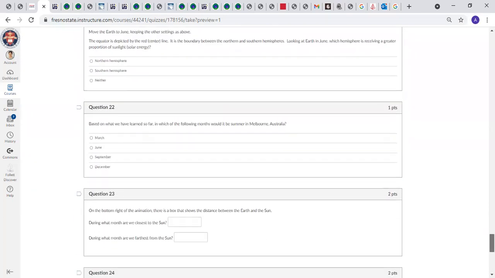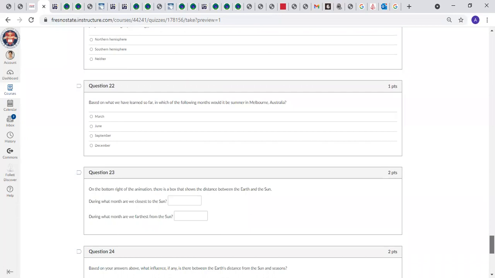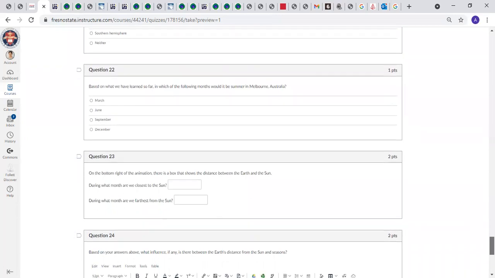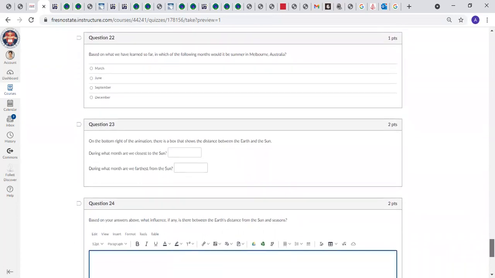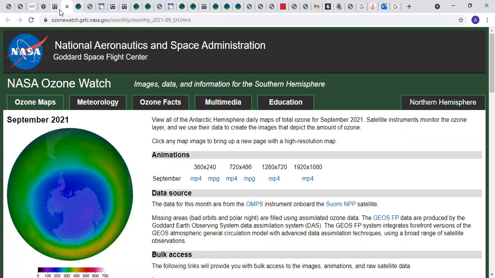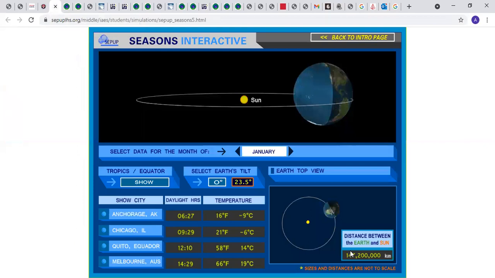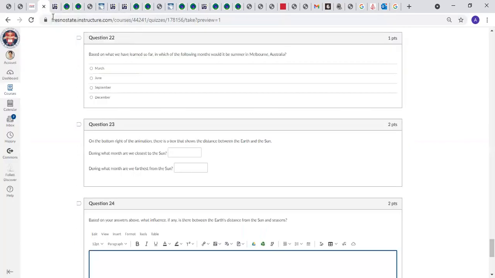So yeah, and then the following questions are kind of summary. And then question 23, you will see a distance label on the interactive right here. And so it's going to ask what month is that distance the shortest?